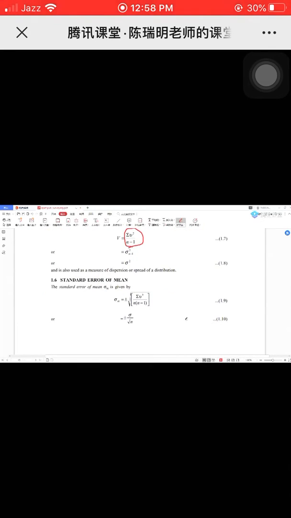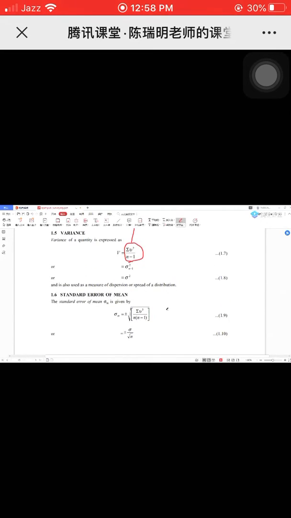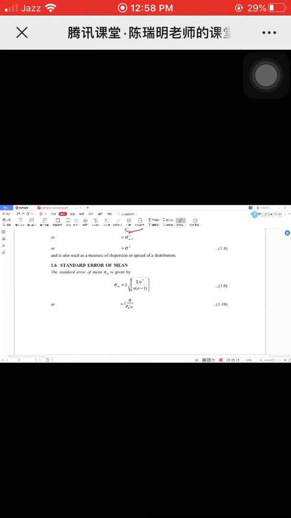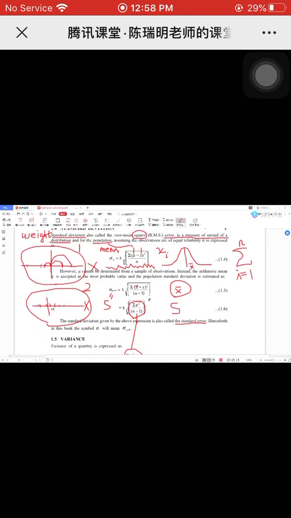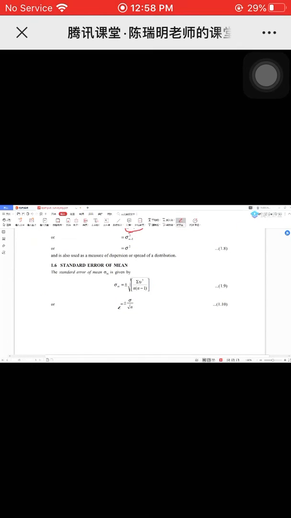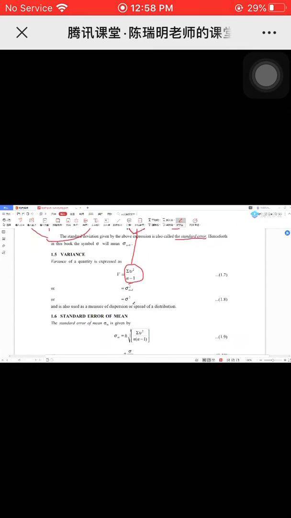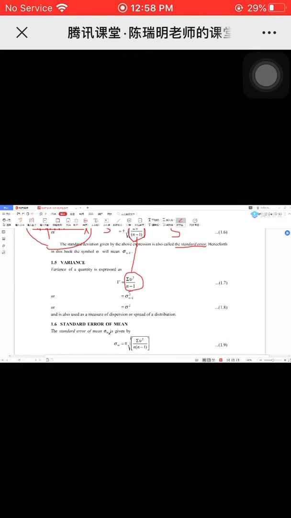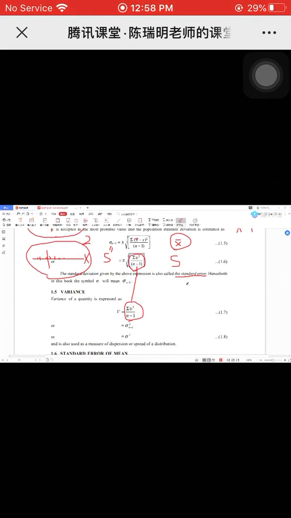Okay, and the next one is about the standard deviation of the mean. This one is even more subtle. You want to get one data point, but the thing is X bar is unknown. So the next question is, you are going to estimate the X bar. It's called the standard deviation of the mean, sigma m. So you estimate the mean; it becomes the mean of the mean.